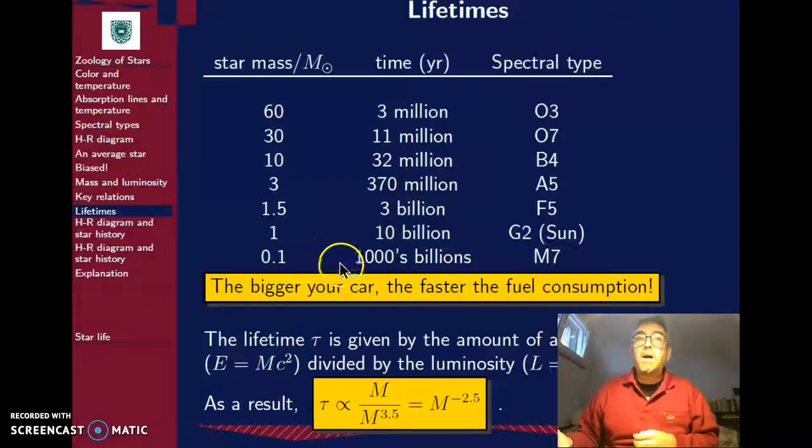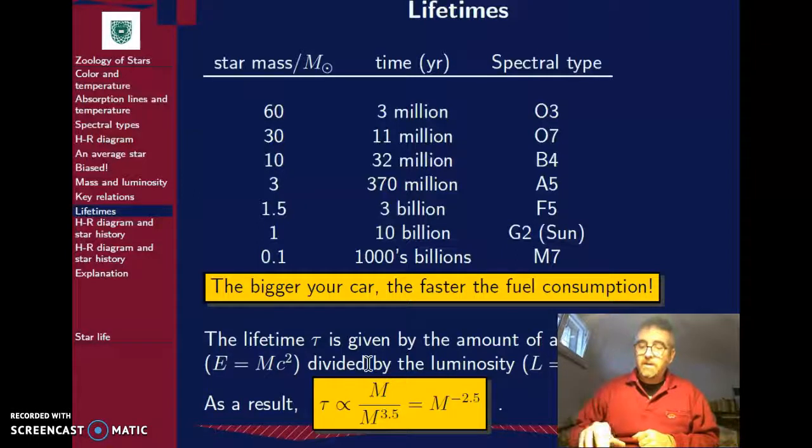On the other hand, a dim red star can live much longer than the age of the universe, as we know here. This is because the energy we use is proportional to the mass through the famous E = mc², Einstein's formula for the conversion of mass to energy.